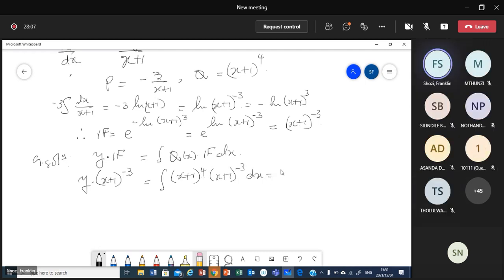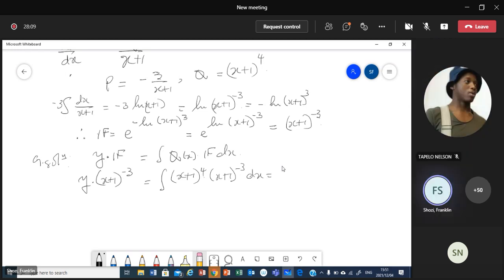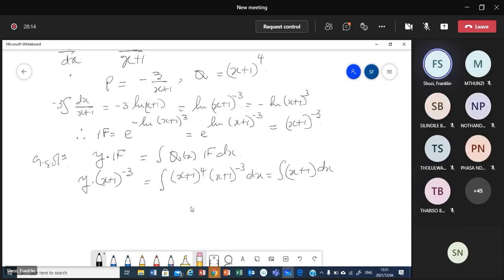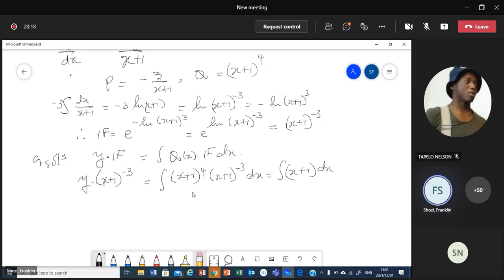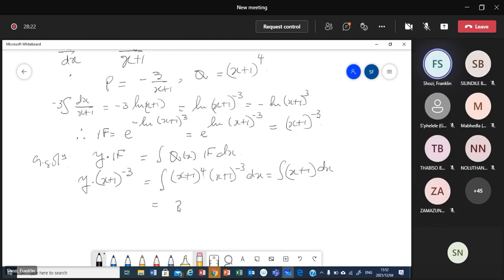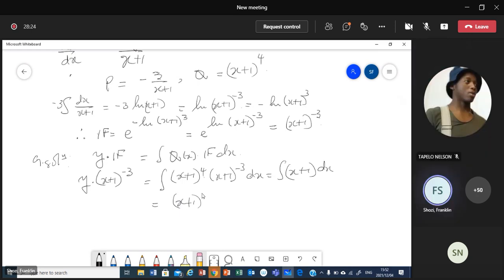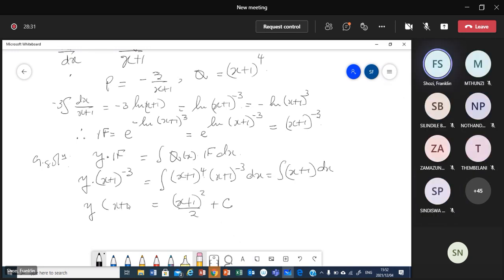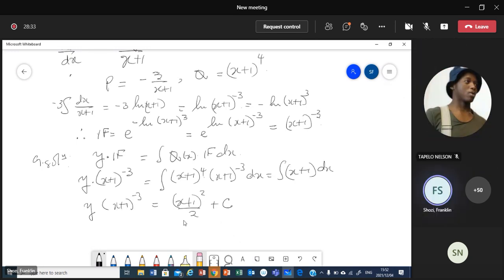That is just ordinary algebra there: (x plus 1) to the power 1 dx. Therefore, what do we have here? Can we integrate that? Yes. The derivative of that is 1. So your answer there is (x plus 1) squared over 2 plus c equal to y times (x plus 1) to the power minus 3.